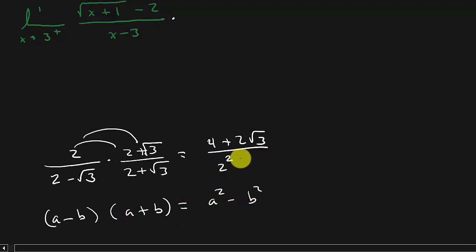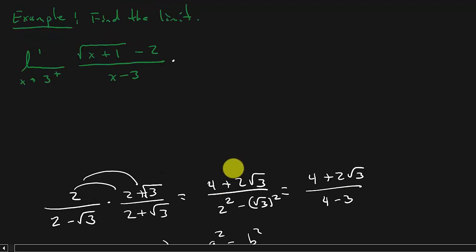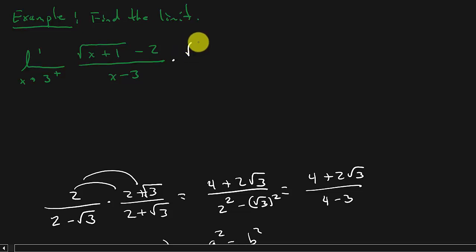So this would be 2 squared minus square root of 3 squared, which would be 4 plus 2 square root of 3 over 4 minus 3, and so on, okay? So that's exactly what we're going to do here. We're going to multiply by the conjugate of the numerator.